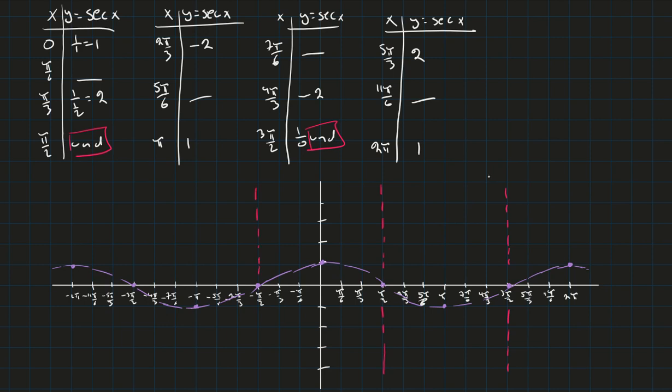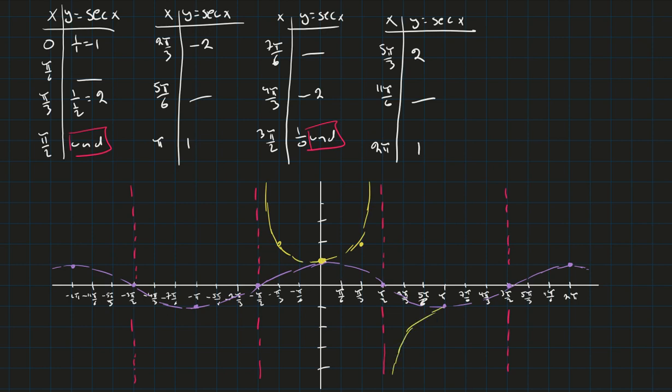Negative pi over 2. 3 pi over 2. And if you're observing this, wait a second, this is actually the same pattern as sine, and it really, really is. At 0, it's at 1, and then at pi over 3, 2, boom. There you go. There's your graph.